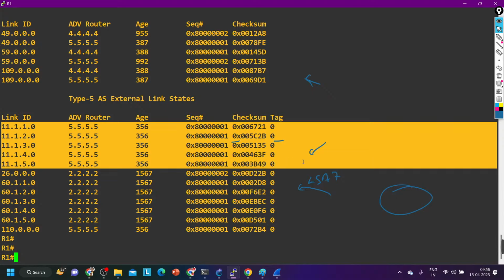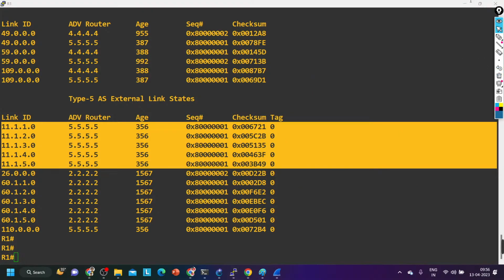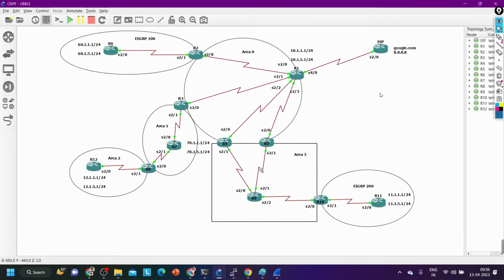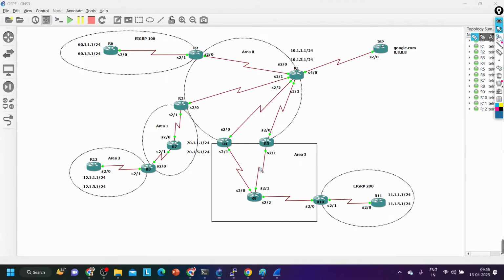And who is advertising these 11 prefixes? 5.5.5.5. Why not 4.4.4.4? So actually, in NSSA area, ABR router will convert LSA 7 to LSA 5. And same thing router number 5 is doing. Router 5 is doing what?